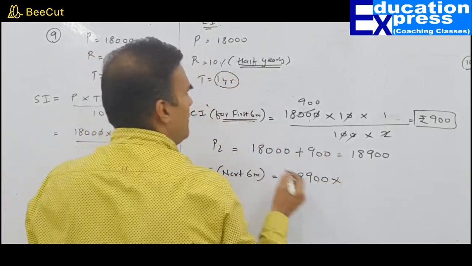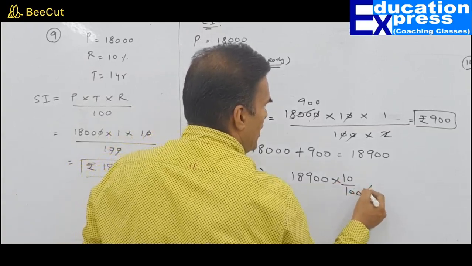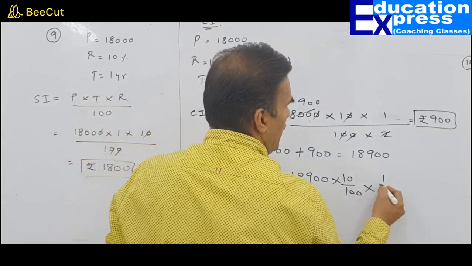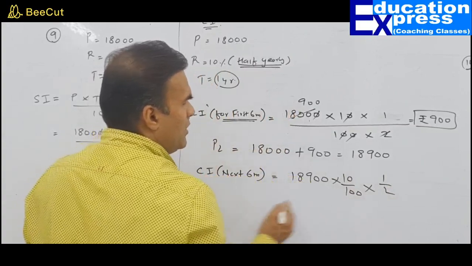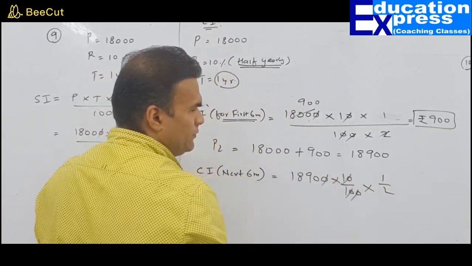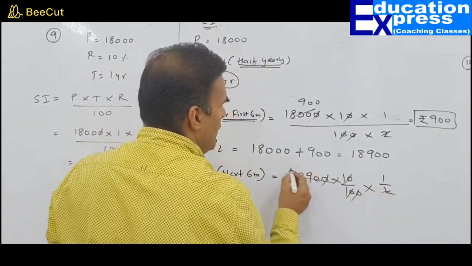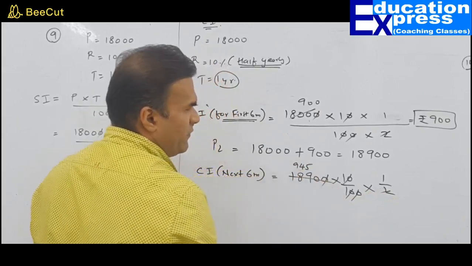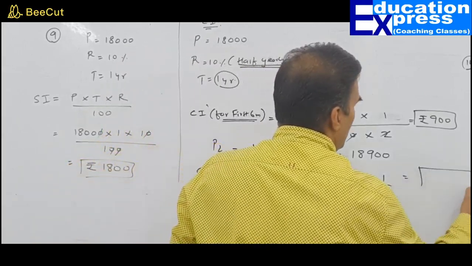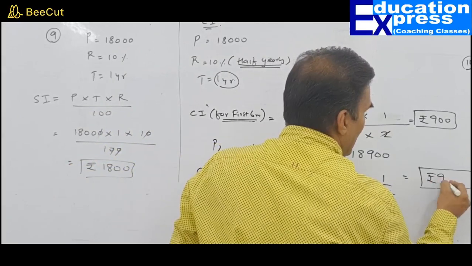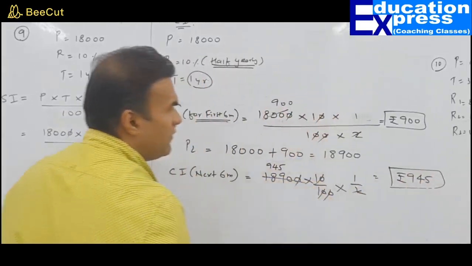Rate 10%. Time again half year. The interest that you have earned during the next 6 months is 945.